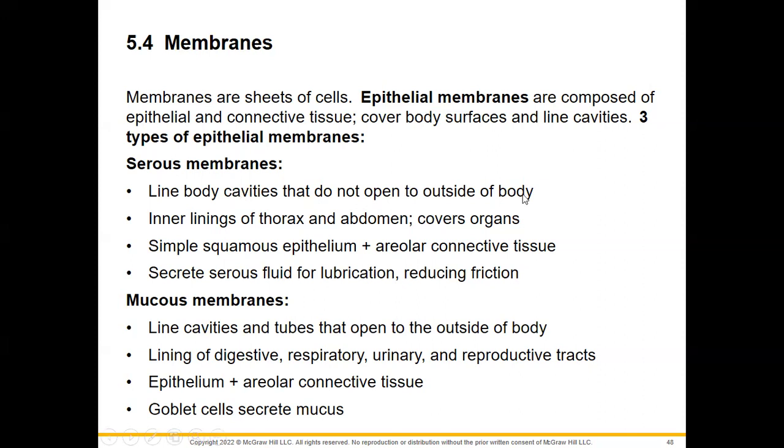Body cavities that open up to the outside of the body, like your nasal cavity, your oral cavity, your ears, all of those are cavities that open to the outside. There are spaces and cavities that don't open to the outside, like your abdomen, your throat, like some of your respiratory airways. Some of those spaces don't open directly to the outside of the body.